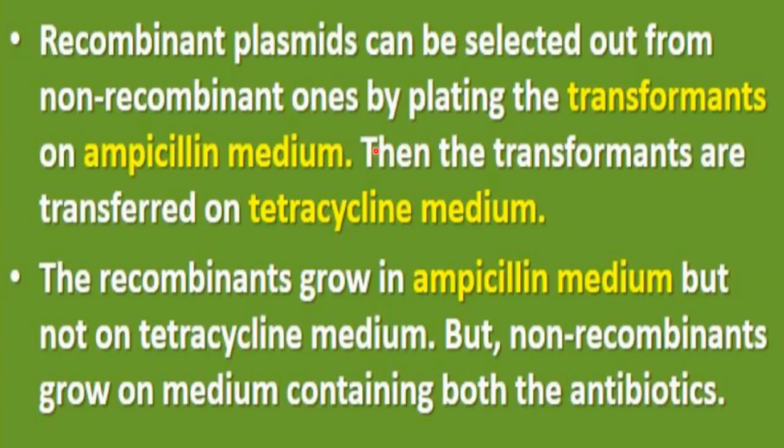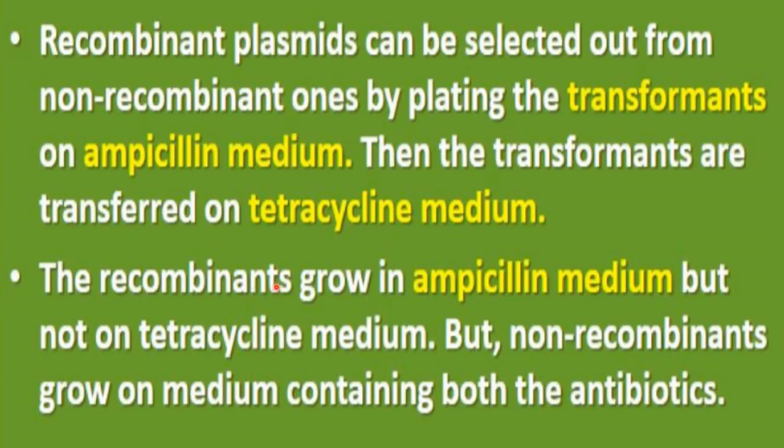Then the transformants are transferred onto tetracycline medium. And you know, on tetracycline medium the recombinant ones will not be able to grow, right? The recombinants grow in ampicillin medium, but not on tetracycline medium.